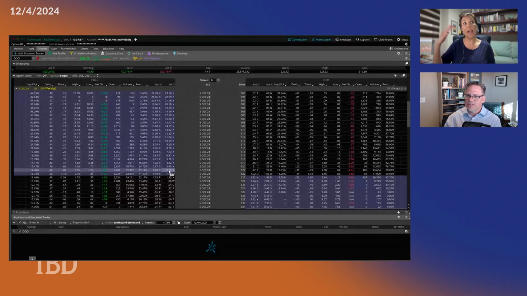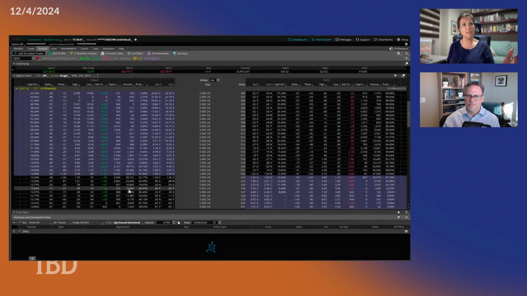Okay, so trend is upside. And if we lose this wall, meaning if trend continues to go up, people will buy these back. The dealer will try to buy it back from somebody else and then sell something further down.